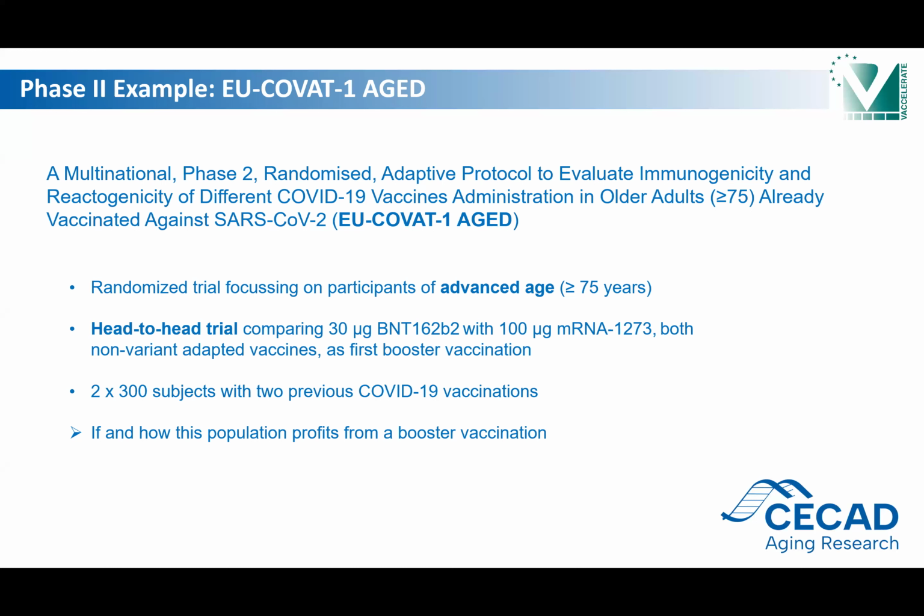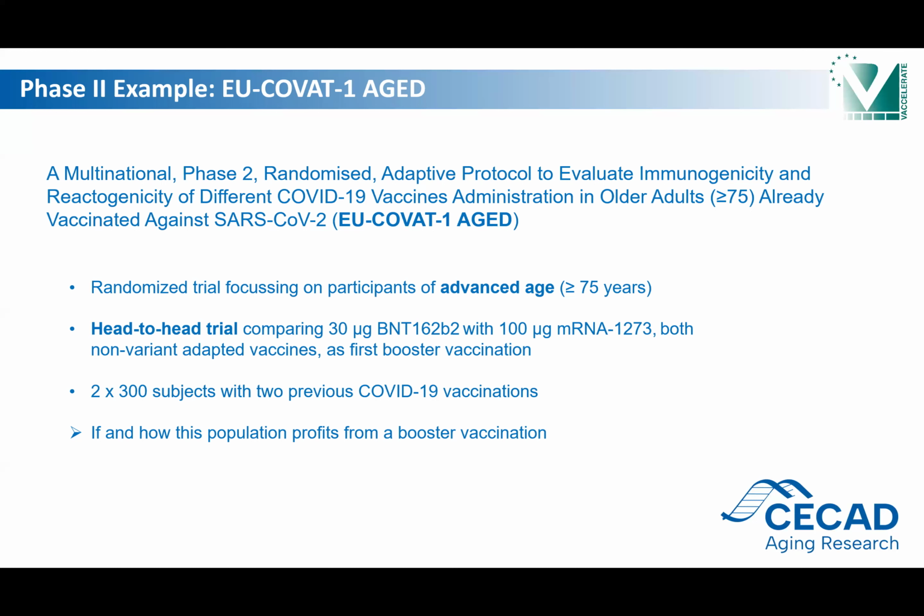And the question behind this that we want to answer in such a trial is to see if and how this population actually profits from a booster vaccination, because at the time there is no information on this question for elderly people.